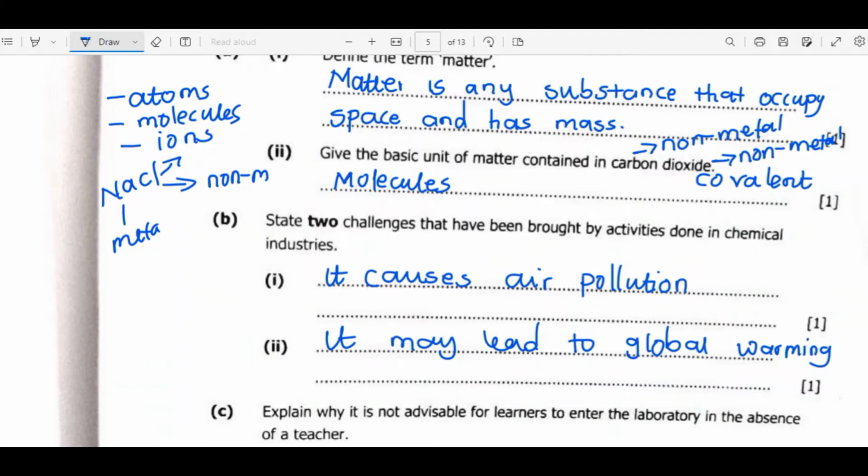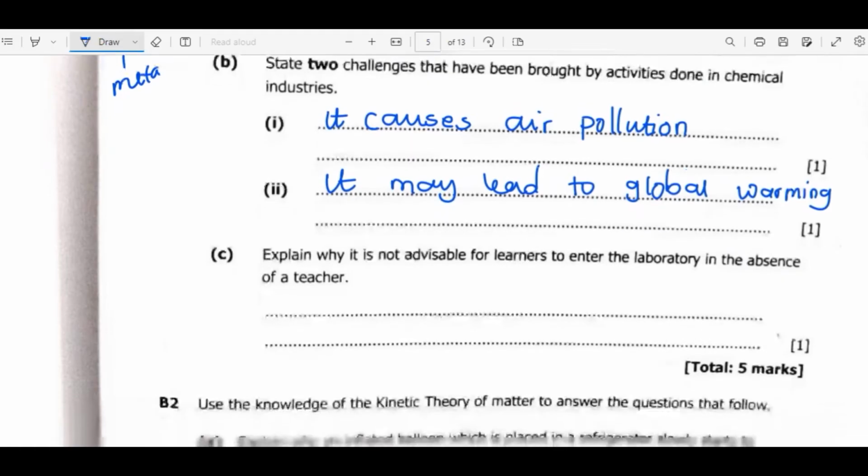Then let's move on to question C. Explain why it is not advisable for learners to enter the laboratory in the absence of a teacher. So the teacher acts as a supervisor. The teacher, he or she, is there to give guidelines on how to go about a certain experiment.